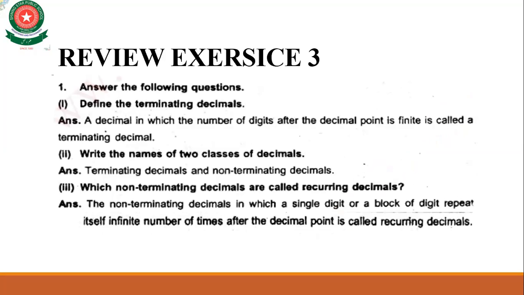Okay, if you remember, we have studied this already in our previous lecture when we started chapter number 3. You have to mark it or write it in your copies or sheets. A decimal in which the number of digits after a decimal point is finite is called a terminating decimal.